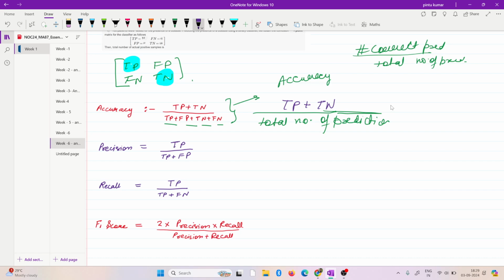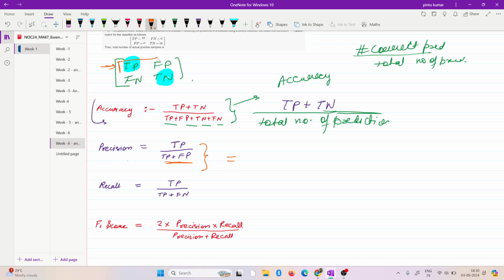Okay. But we wanted to move away from accuracy so that we can give some good metric for imbalanced data set. But we have landed back at accuracy. So we will define some more metrics which are more useful for the imbalanced data set. First one of them is precision. I'll state it in simple English. If you look at the denominator, this is true positive plus false positive.